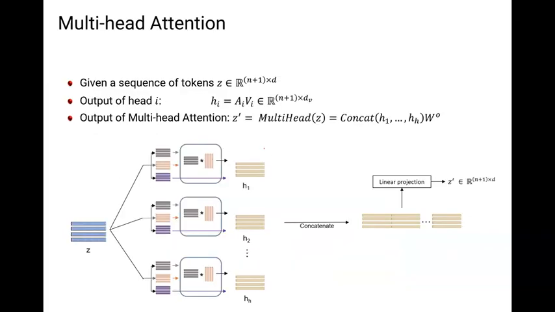Next one. Because, as I said, one head is not enough, we should have multiple of them. So this is head one, head two, head N. I think this is N, it's not H. Okay. So we can then concatenate them.